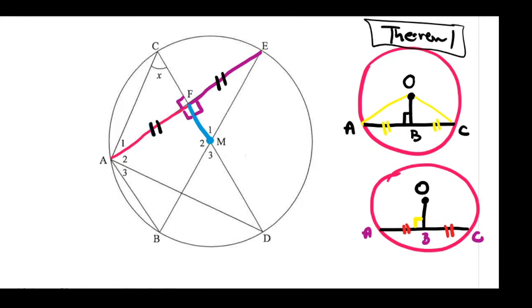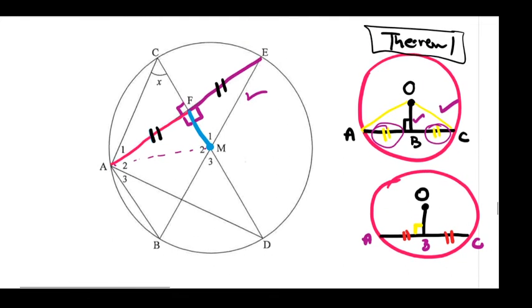So basically, if I were to construct a line like this, this theorem is where we are proving why these are actually equal when you are given the perpendicular angle. The reason why they are equal is because of the line from the center.